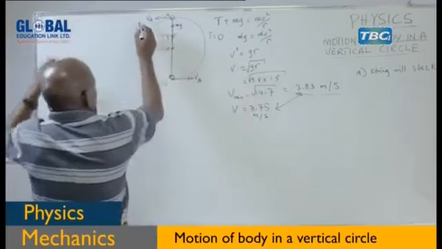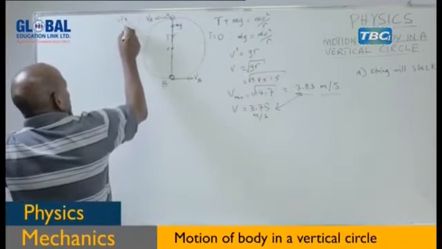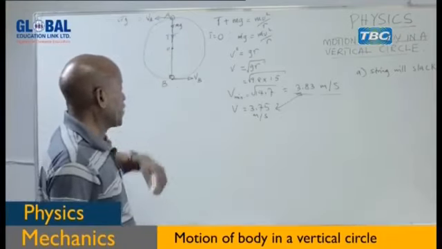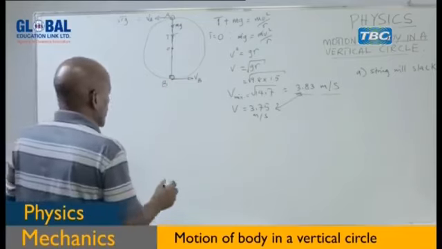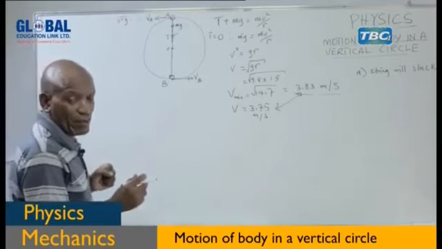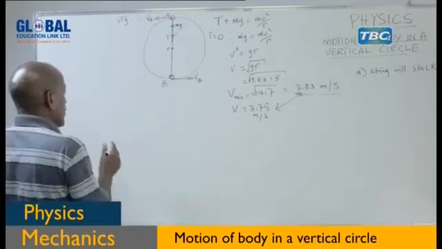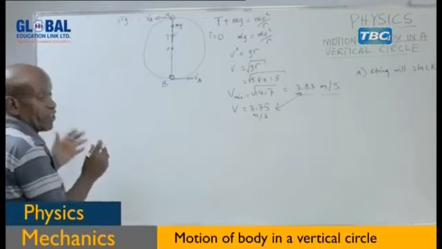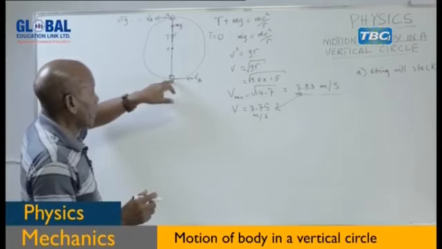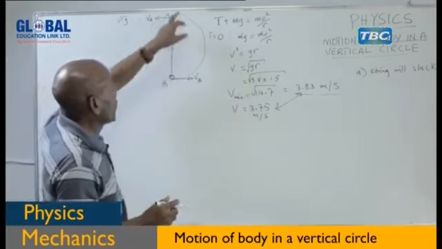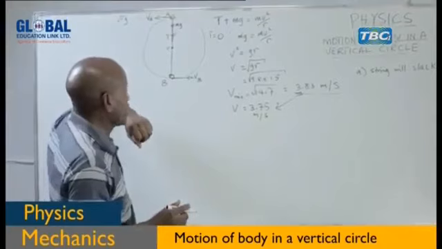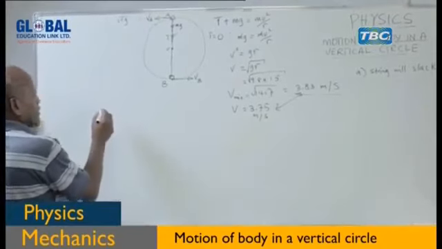Remember, the velocity at the top is just the square root of R times G. So to determine this minimum velocity, we look at the energy possessed by the body at the bottom. By the conservation of energy, the total energy at the bottom should be equal to the total energy possessed by the body at the highest point.